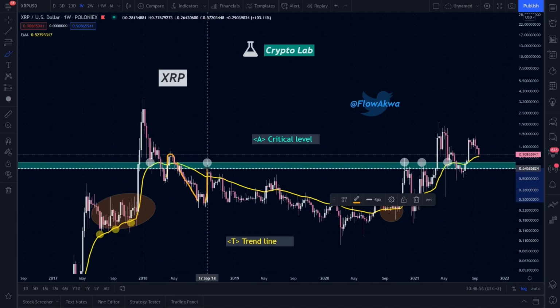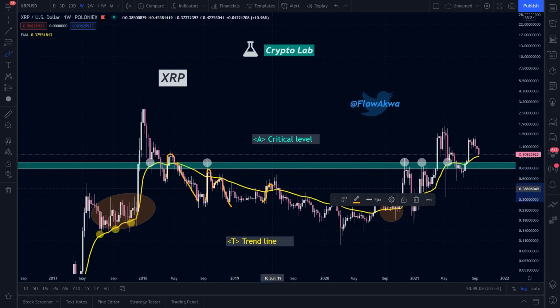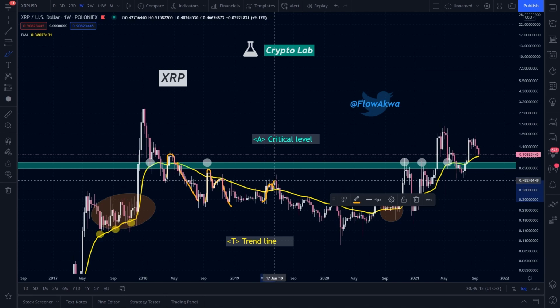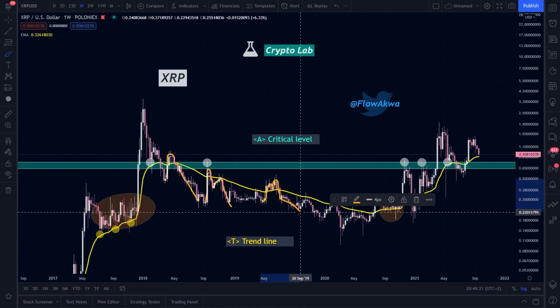Then we went above it, we tried to use it as a support, but we couldn't, we went down. Here it was the same, we went down, okay? Then we went above it, we tried to use it as a support, but successfully this time, but then we tried to use it again as a support, but we fell and we went down, okay?